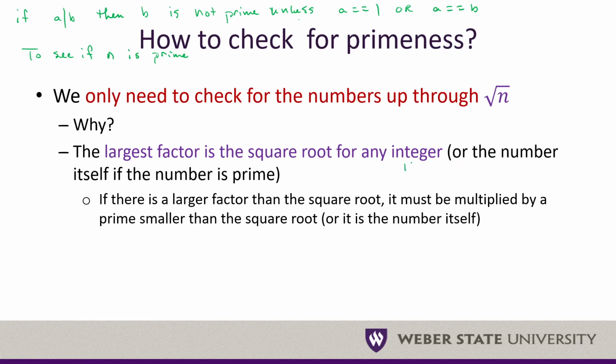If we have 147, what are my prime factors? It's not divisible by 2. Is it divisible by 3? So the answer is yes, it has a 3. If I divide by 3 here, I'm going to get a 49. So I've got 7 and 7.